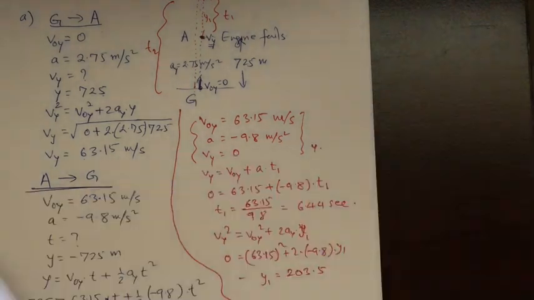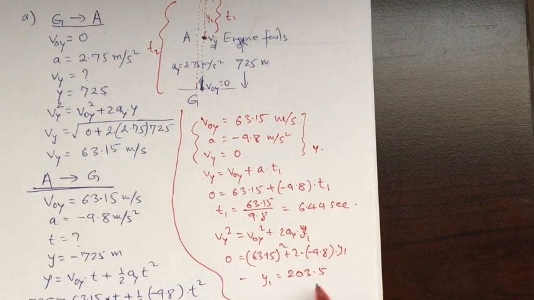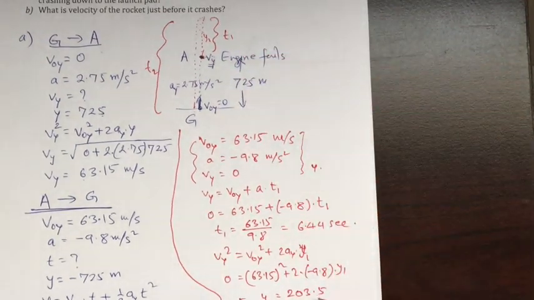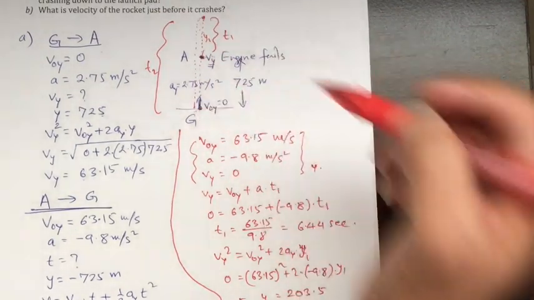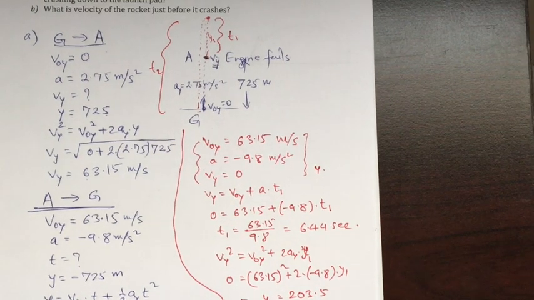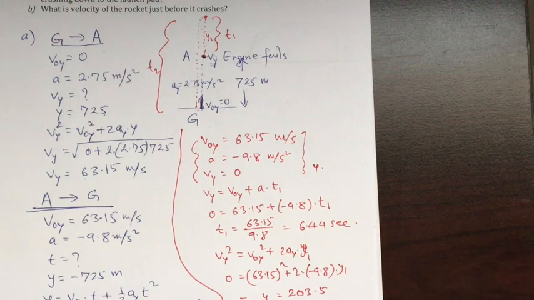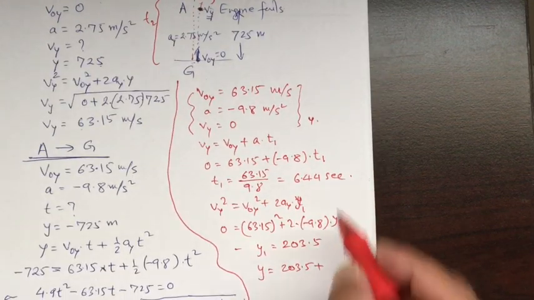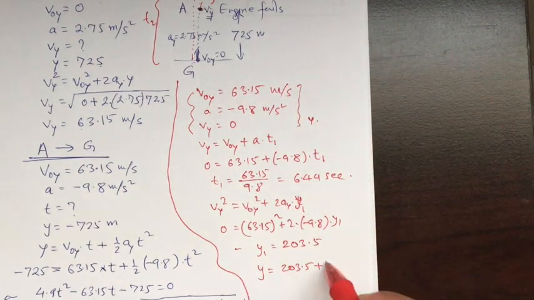Once you have this distance, by the way, this is also asked in the exercise of your book. If you have this distance from here to here, which is 203.5, then the total displacement from here to here will be 203.5 plus this one, 725.